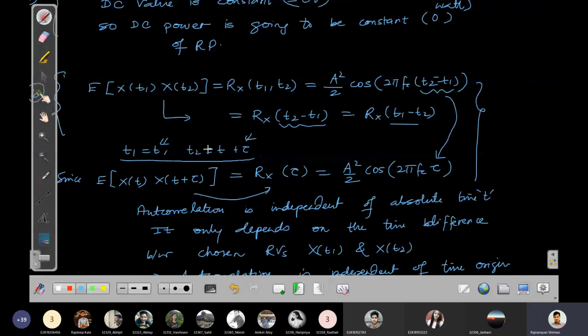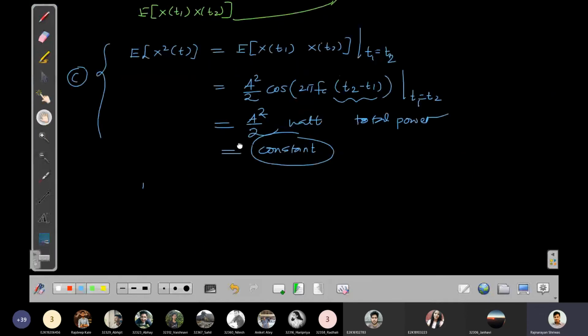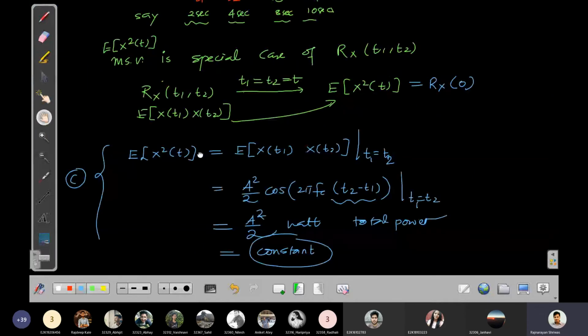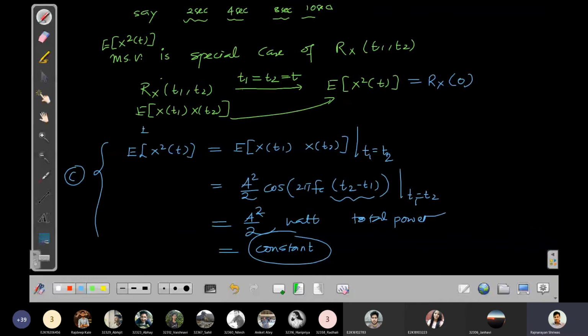Sometimes people also say this same thing differently. They don't write X(t1) and X(t2), but they write expectation of X(t) and expectation of X(t plus tau). So when you choose this time the same as this time, then t plus tau should be equal to t, this means tau is 0. So you are saying tau is 0, you get this one, and this is nothing but Rx(tau), because it's only a function of tau.